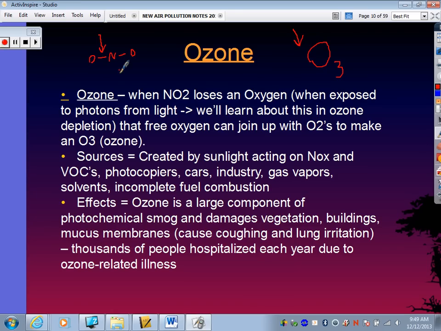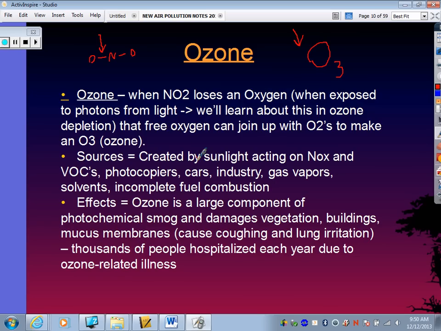So NO2 can lose an oxygen, and then that free oxygen, a lonely little oxygen, can join up with other O2s, which is how oxygen naturally exists in the atmosphere, to form O3. Whenever you get a little loose O, it can bond up with O2s to form O3.